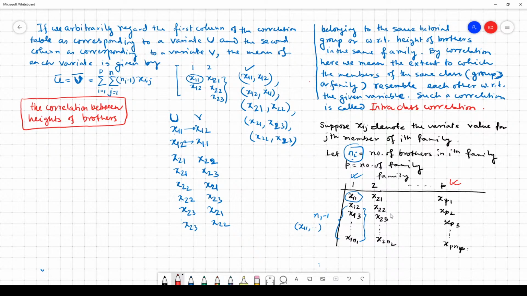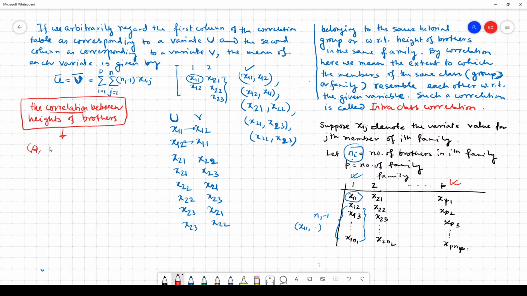In that way we can arrange. But since we want to find the correlation between the heights of brothers, this should be a two-pair value.